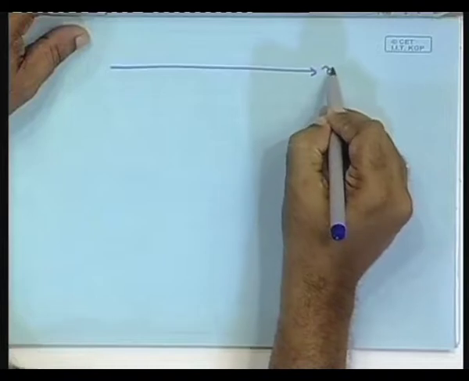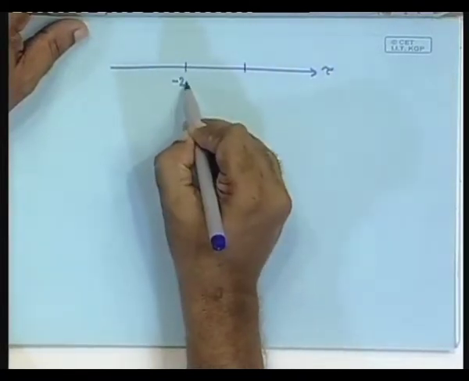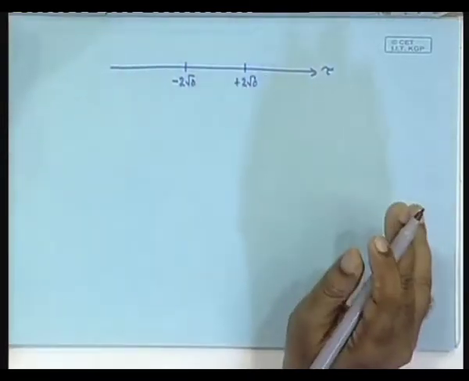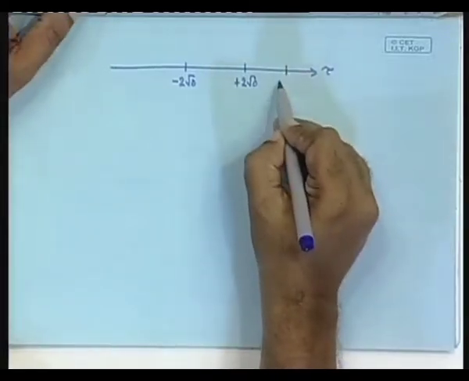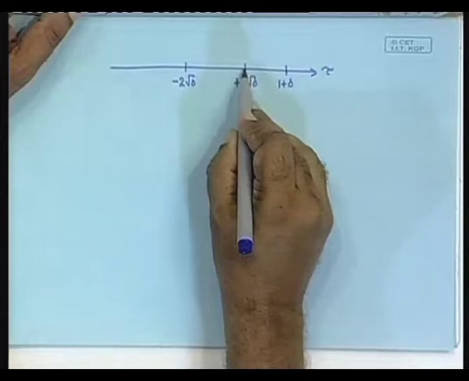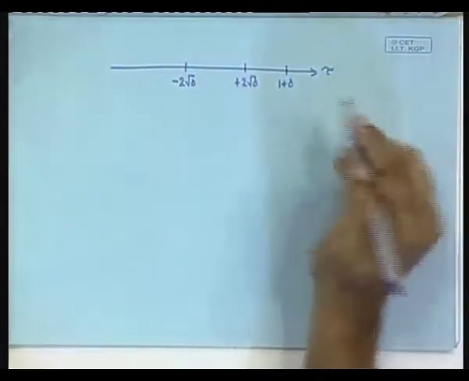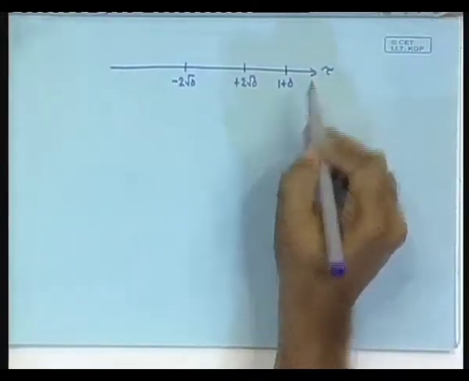If this is the trace, then if it is between -2 root delta to +2 root delta, it has one character. What is it? Complex conjugate. If it is between 2 root delta to 1 plus delta, it is a regular attractor. If it is outside that, a regular saddle.